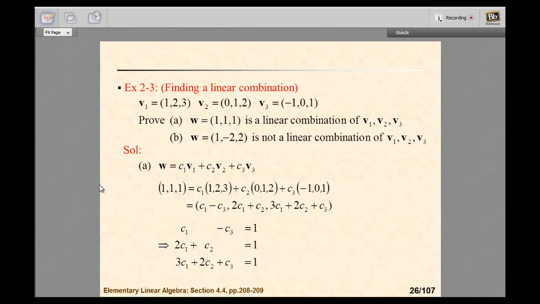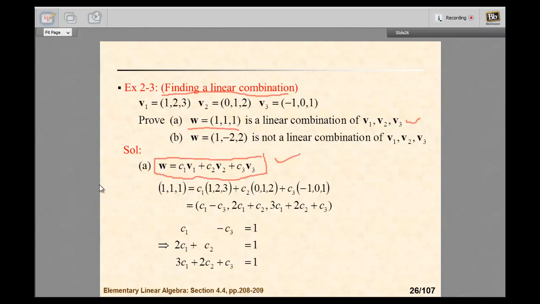So, find the linear combination. The question is to find the linear combination of V1, V2, V3. Let us take the proof. First we have to prove that (1, 1, 1) is a linear combination of V1, V2, V3. We know from the formula for a linear combination that we have to write W is equal to c1 V1 plus c2 V2 plus c3 V3.